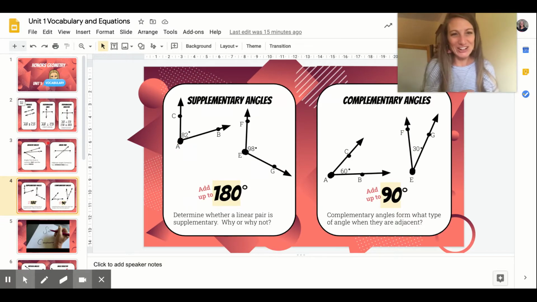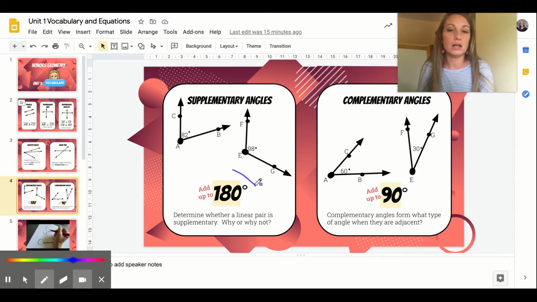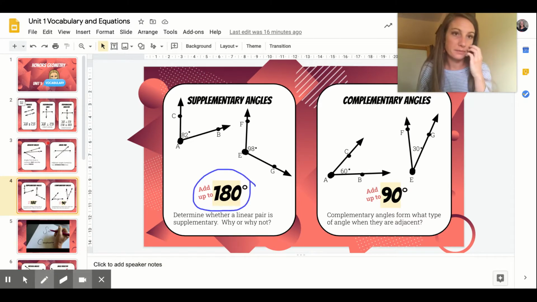Supplementary angles. If you remember from back in the day, supplementary means that they're going to add up to 180 degrees.